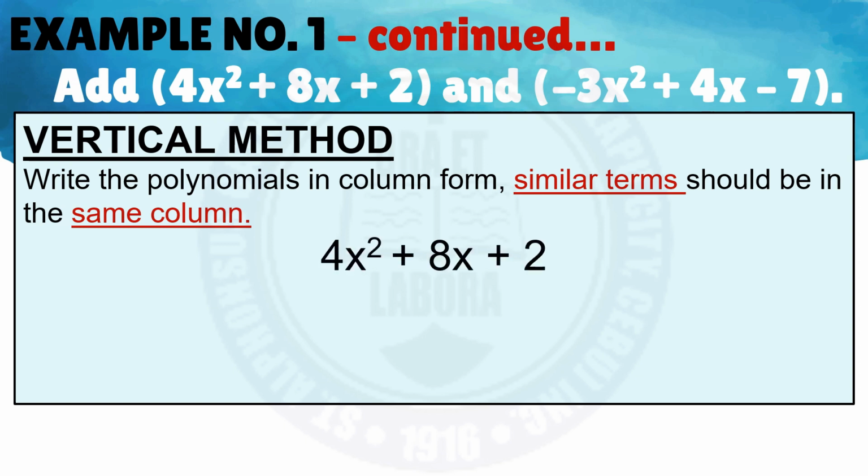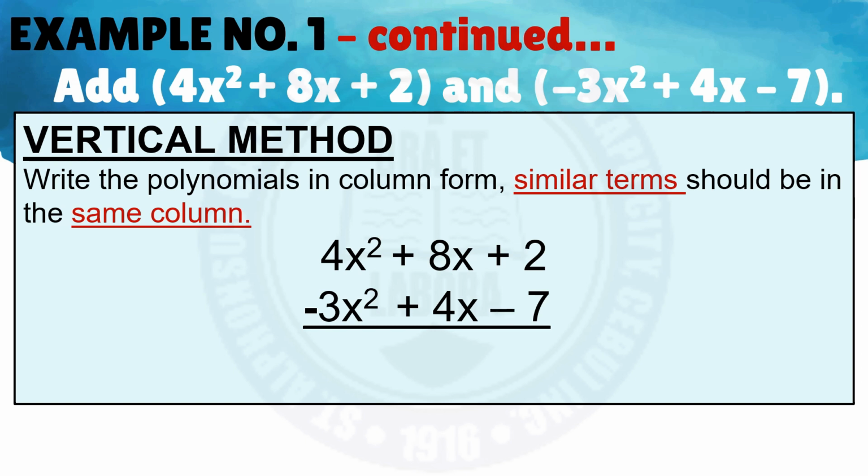So 4x squared plus 8x plus 2 and negative 3x squared plus 4x minus 7 can be arranged in this form. Make sure that the similar terms are in the same column or aligned to each other.